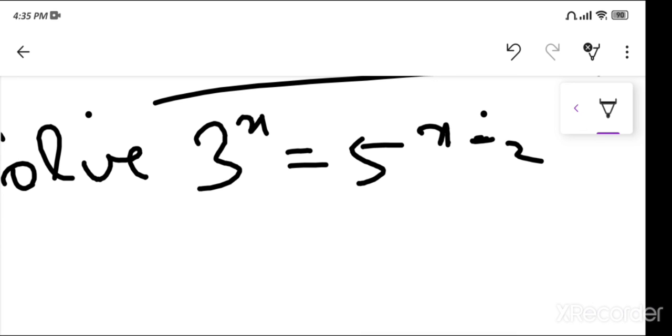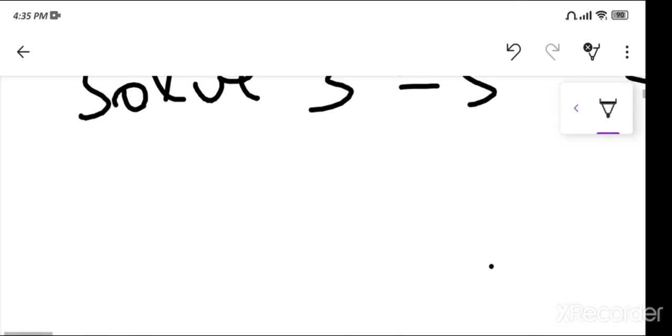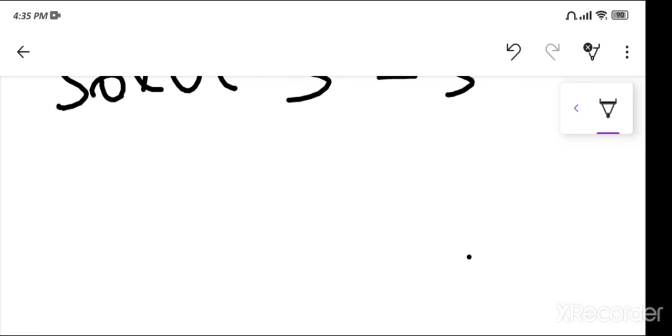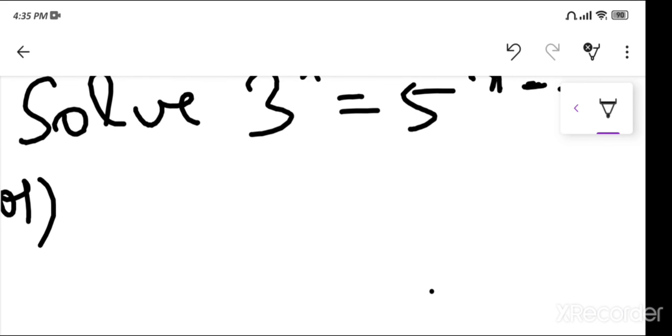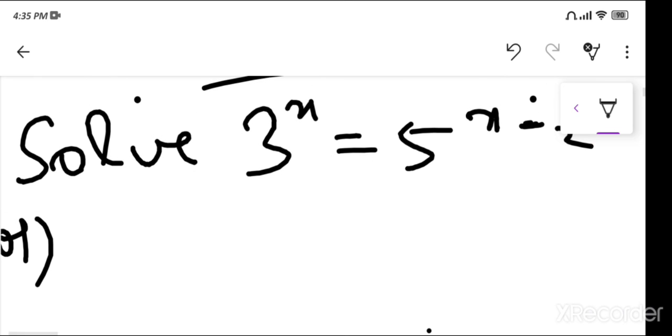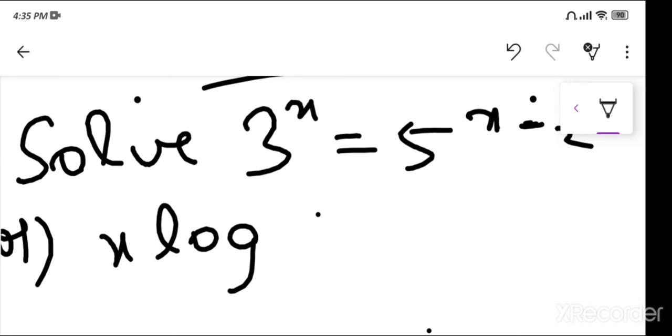So how are you going to do this? This is a simple method how you can do this. Let me show you guys. So solution. I told you the power becomes the base. So write the x like that, and you're going to do it as the single form there, log 3.